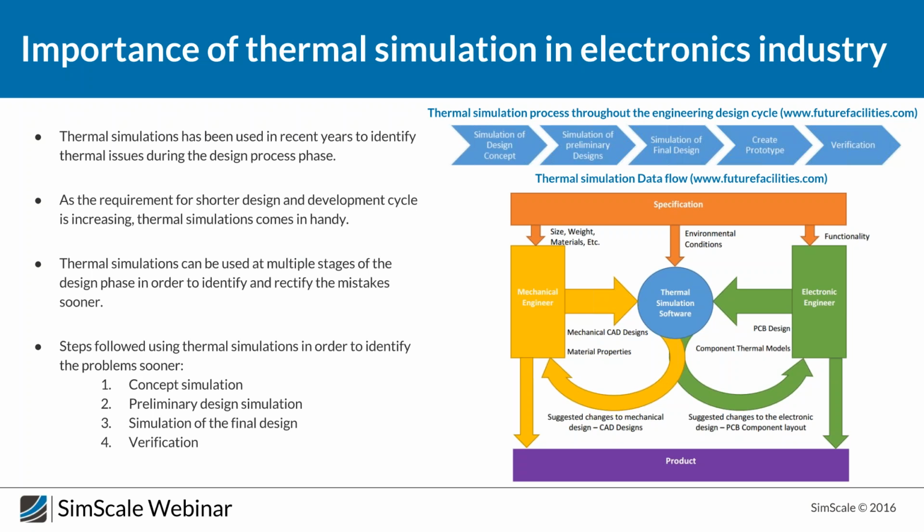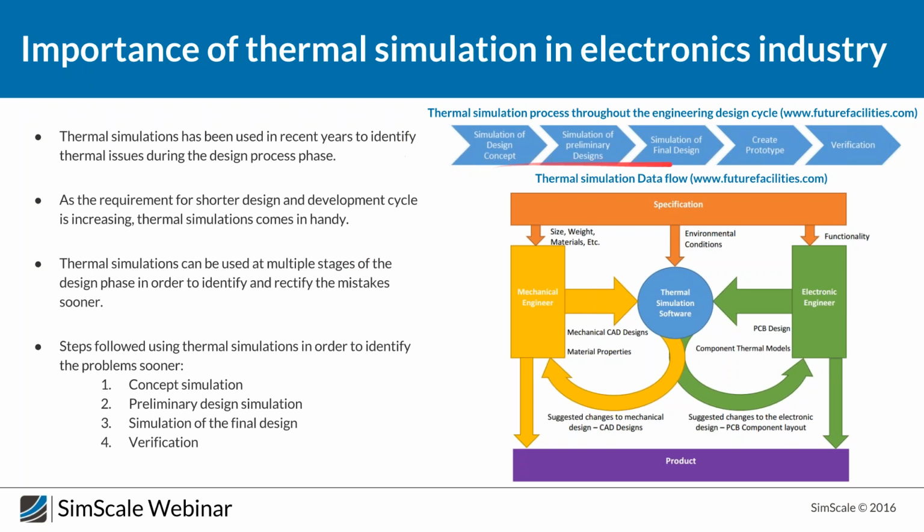So you can identify these problems from thermal simulations and then rectify the mistakes. It is really fast to do that, as we have discussed before, how long the bigger cycle of changing and modifying a design is, and how simulation can make it shorter. So for example, on the right, this is taken from one of the websites.